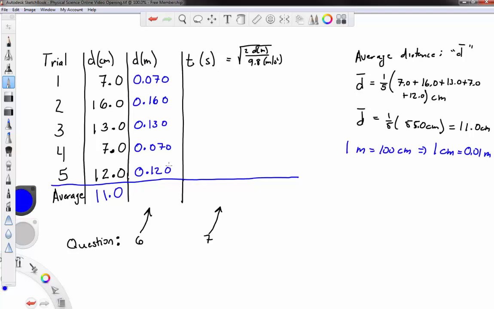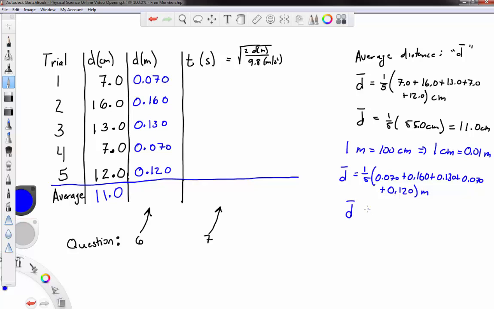So I can repeat this averaging again. D average is equal to 1/5 of 0.070 plus 0.160 plus 0.130 plus 0.070 plus 0.120, and this is all in meters.